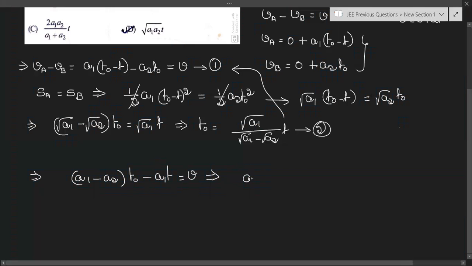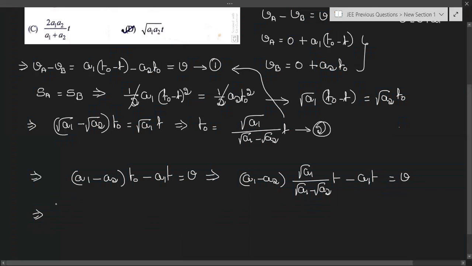Now we will substitute the t naught value in this equation. So (a1 minus a2) into, where t naught is root a1 by (root a1 minus root a2) into t, minus a1 t is equal to v. Let's take t common.